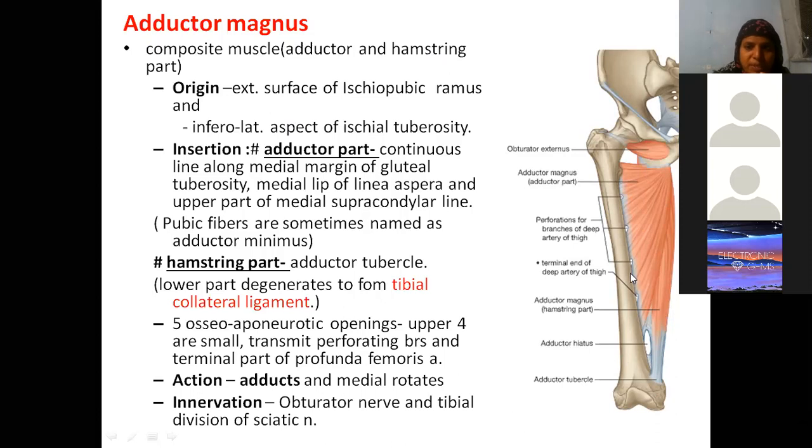What are these openings for, beta? Do you remember, like profunda femoris artery had perforating branches? Those perforating branches came back and we have seen the formation of trochanteric and cruciate anastomosis, right? The vessels from front have pierced through these openings and come out.